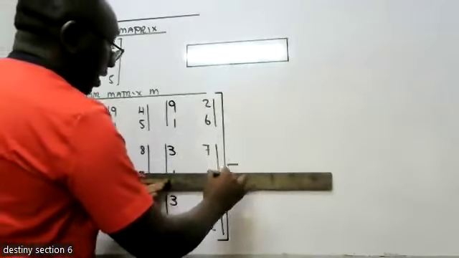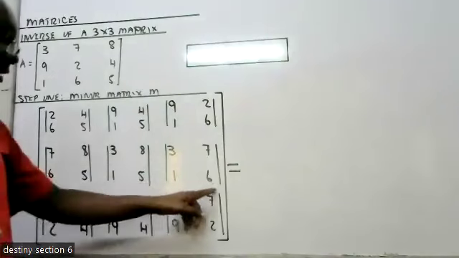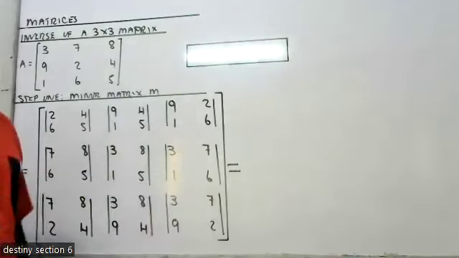So this proceeds to become, as I told you, when you put anything inside these 2 strokes, it is the determinant.